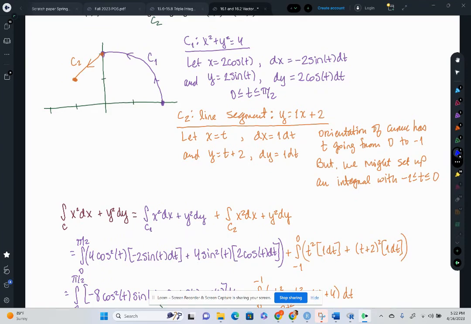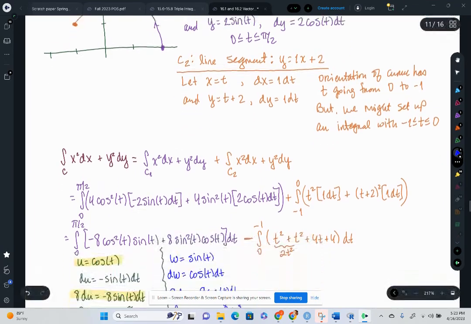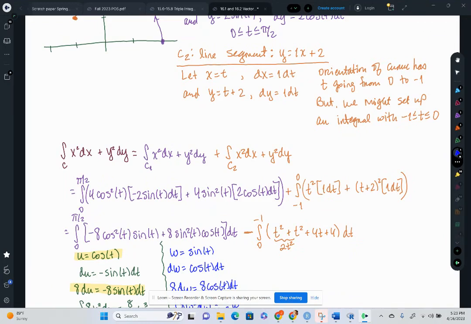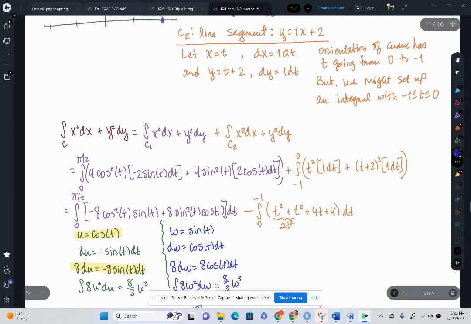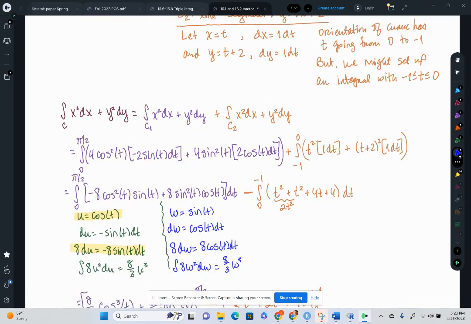We would still look at the bounds going from 0 to negative 1. What is being said, when we go from negative 1 to 0, is that, how do I phrase this?